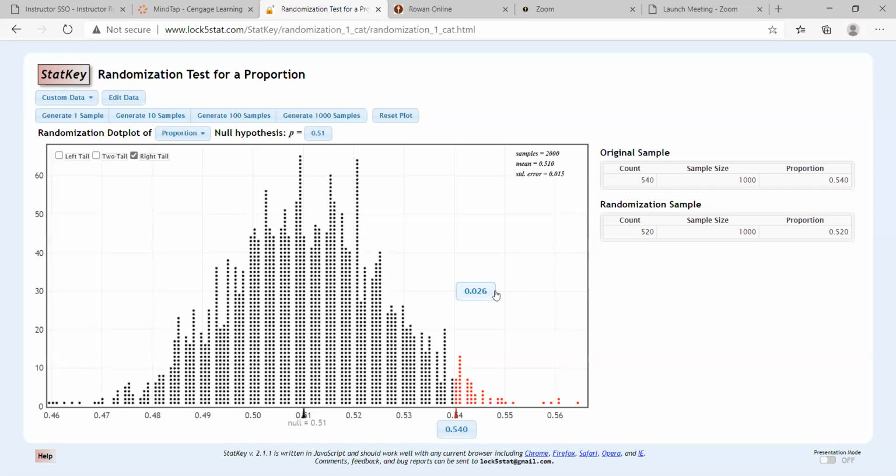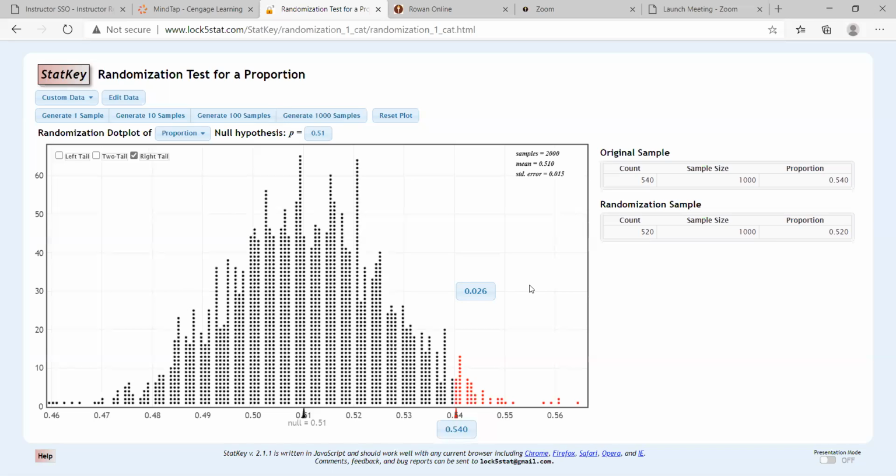They determine up front their alpha, their maximum type 1 error that they're willing to take on when they reject the null hypothesis. And then they determine through the sampling process and the research whether they have a p-value that's less than or greater than that alpha. If it's less than or equal to that alpha, they're going to reject the null hypothesis. If it's greater than alpha, they're not going to reject it.